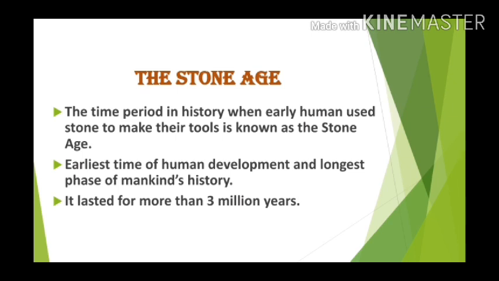We can consider it as the earliest time of human development and the longest phase of mankind's history. It is believed that human development started with this age, and no wonder this age is considered the longest phase of mankind's history because it lasted for more than 3 million years. And this is a very long period of time.